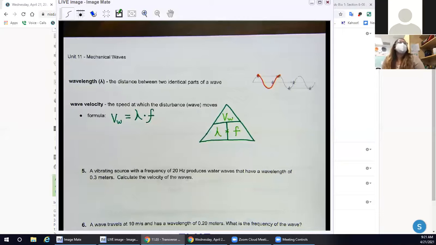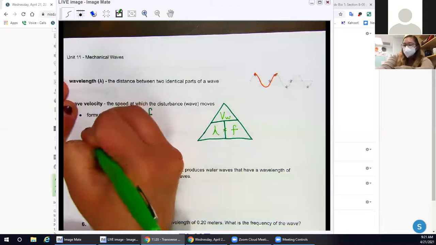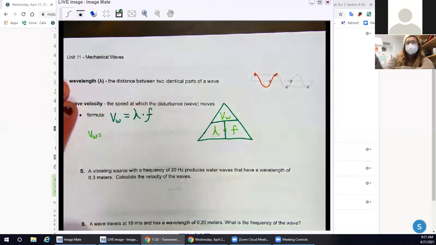All right. So if you're using the triangle, velocity goes on the top, wavelength and frequency go at the bottom. Wave velocity. Let me write that out. So VW equals wave velocity.